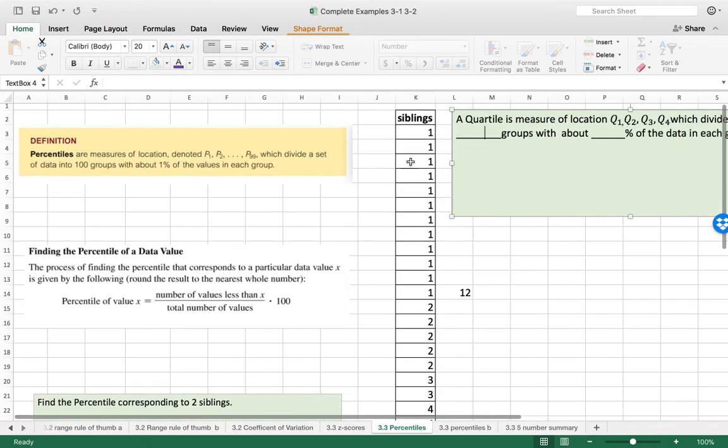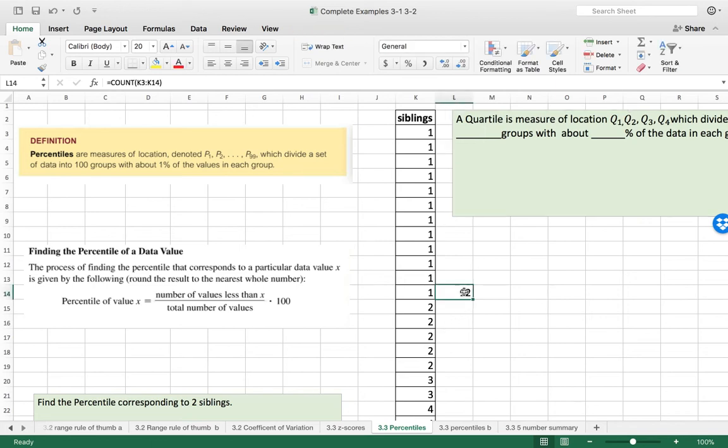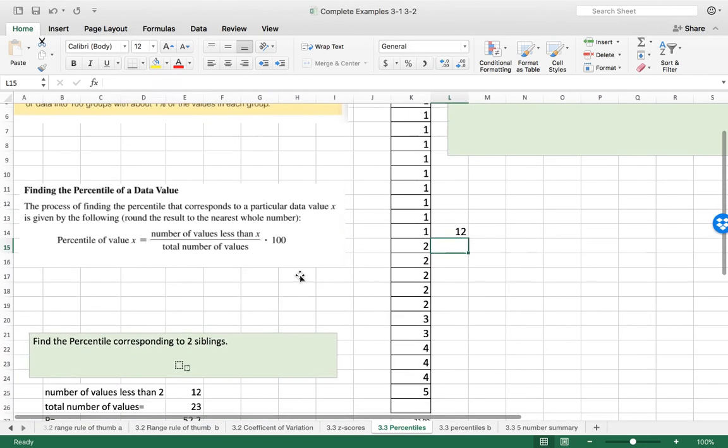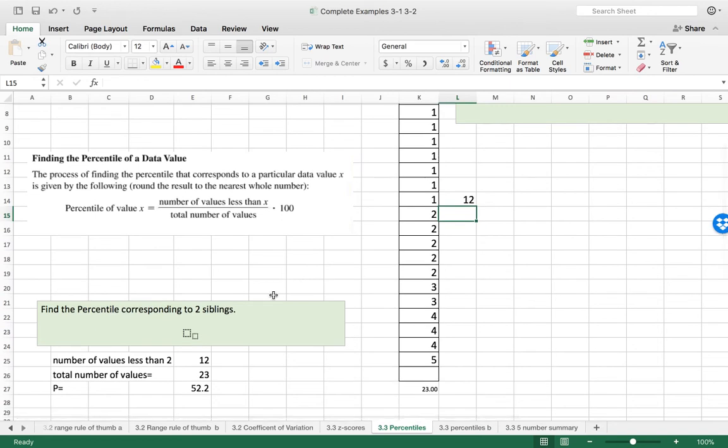The first thing that I did, I went ahead and sorted these data values from lowest to highest, and I did a count of all of the data values less than 2. There are actually 12 people in our class that have 1 sibling. So the number of values less than 2 is 12. Dividing by the total number of values, in this case 23, and times 100.